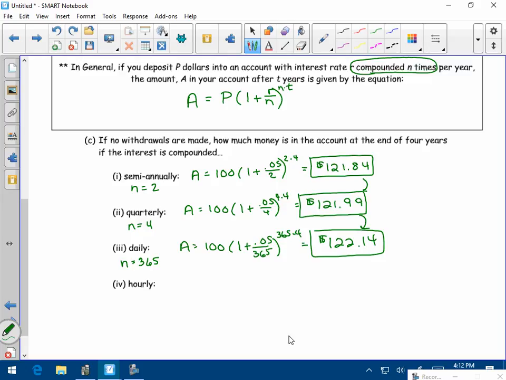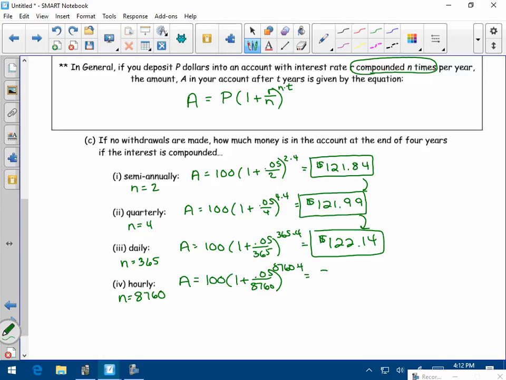Okay, how about hourly? How many hours are in a year? Well, if you figure 24 hours in a day times 365 days, we get 8,760. I'm not talking about leap years. Don't worry about that. So A is 100 times 1 plus 0.05 over 8760 raised to the 8760 times 4.